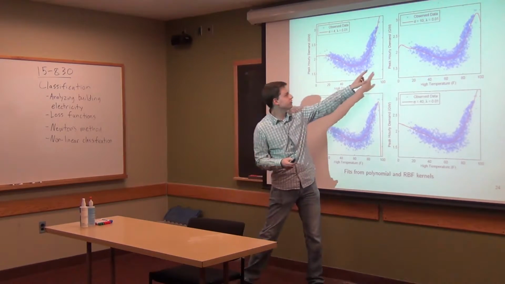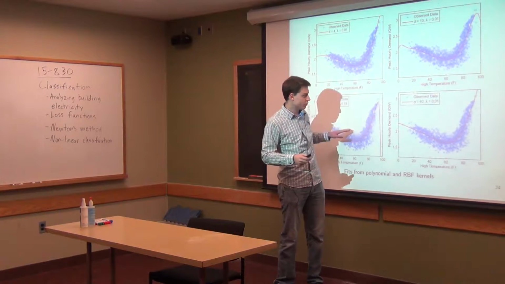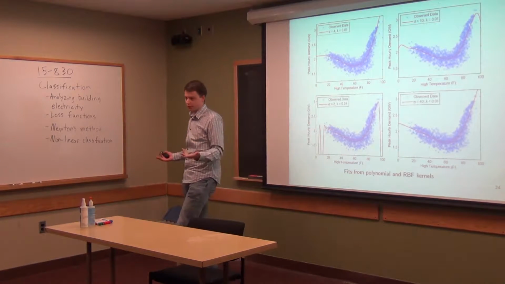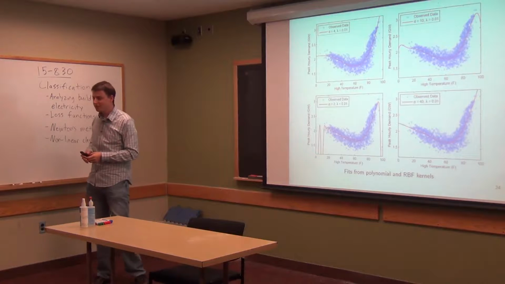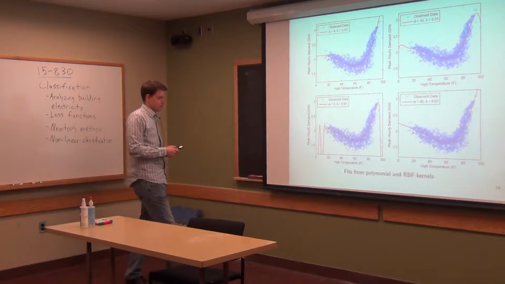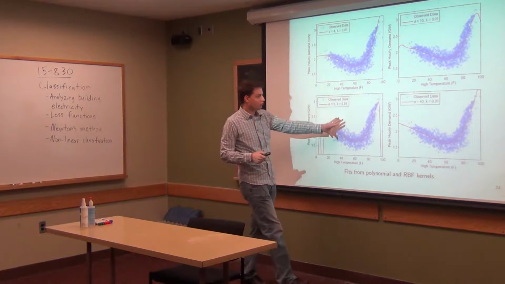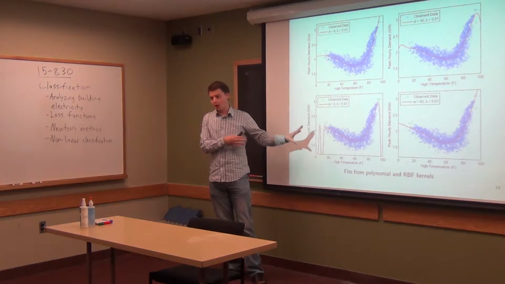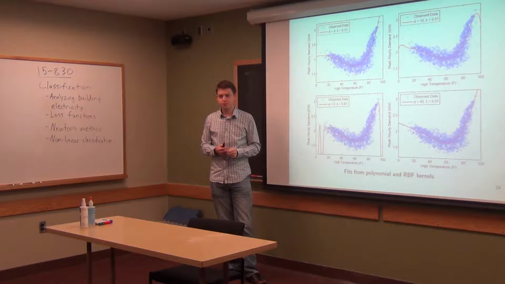These two are polynomials, different degrees. These two are RBFs with different bandwidth. You get something very similar, as you would expect, to what happened when you constructed them explicitly, where you can get overfitting, but you can also get very nice fits to these functions. This is all without ever actually computing these feature vectors.